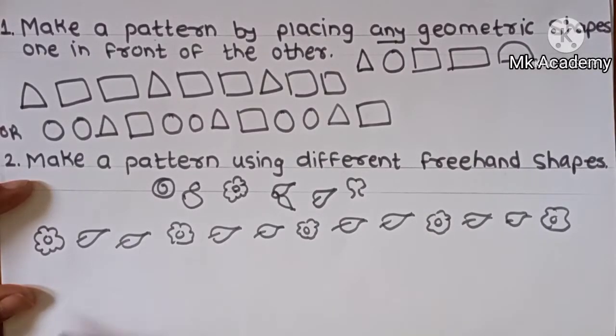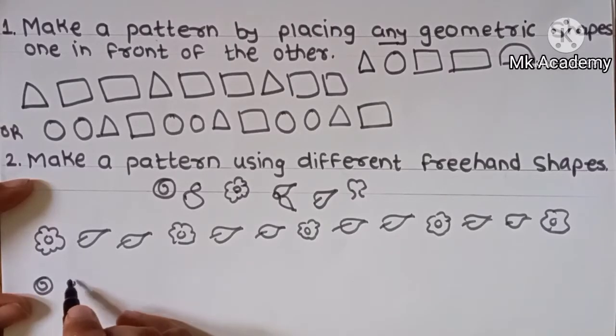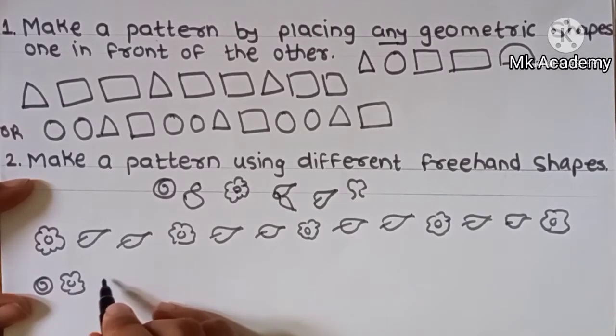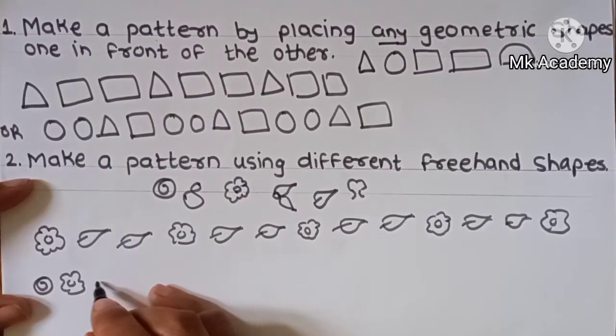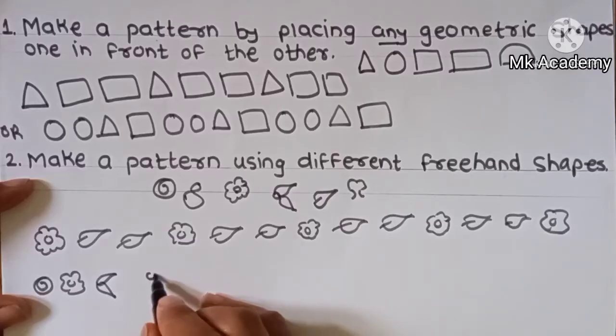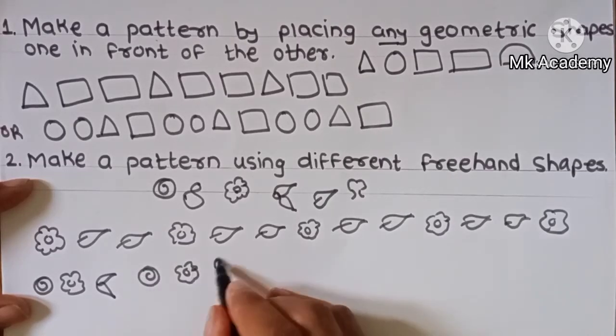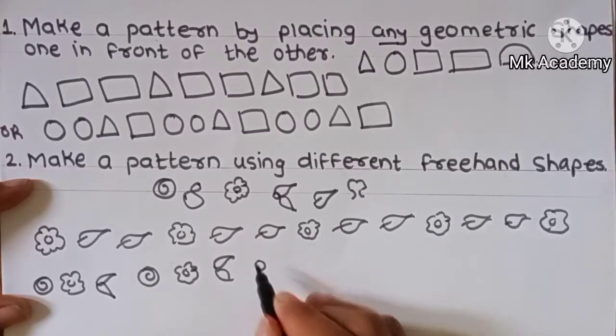Now we can make another pattern also. We use like this, then flower, then this. Again we can take this, then flower, then this shape. We can make any pattern.